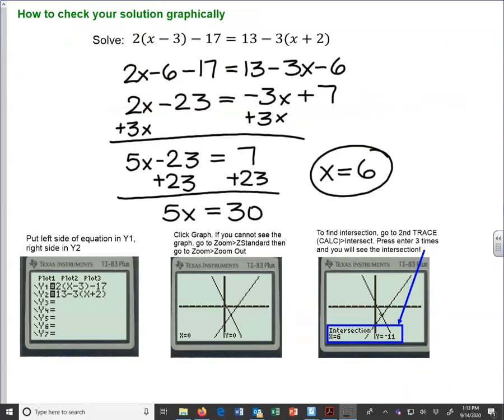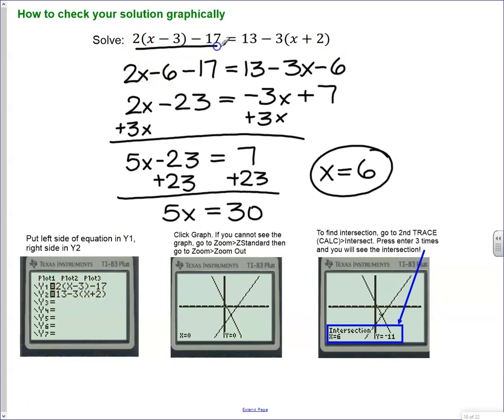We can also check our answers graphically, and you can do that by graphing them. So if we've got these 2 sides of the equation, we can graph both sides and then see where they cross. So here, what I would do is on the calculator, I would push the y equals.